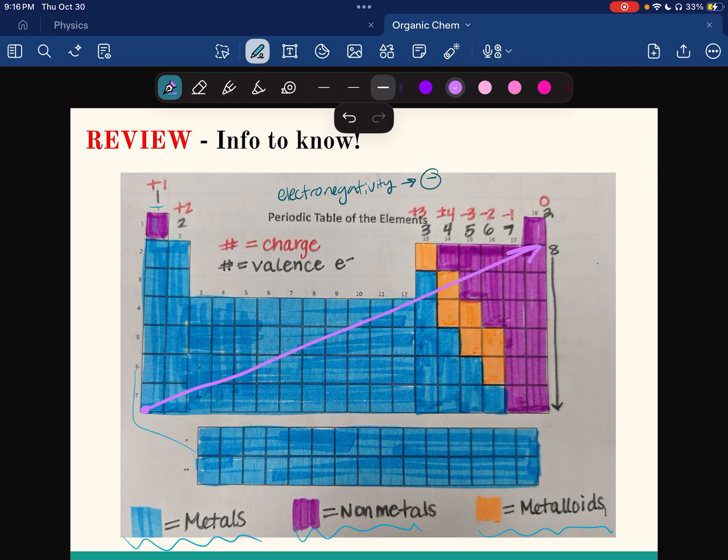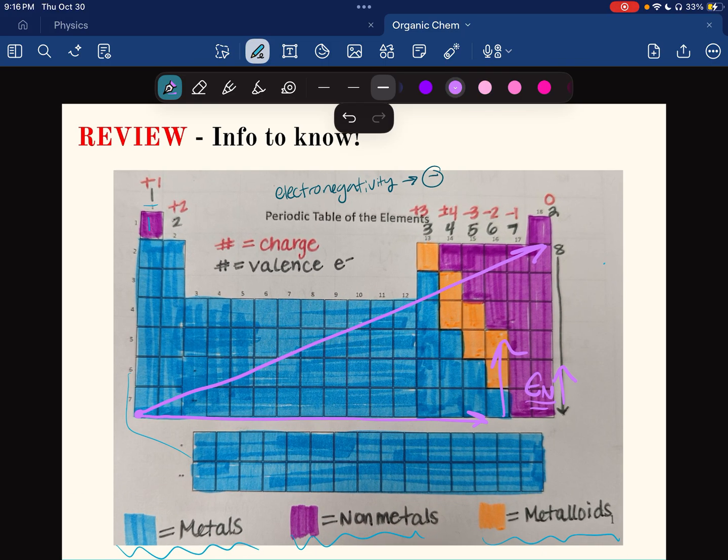So as you move in this direction and up, the electronegativity, which I'm abbreviating as EN, that increases. So that's something that you can kind of remember.